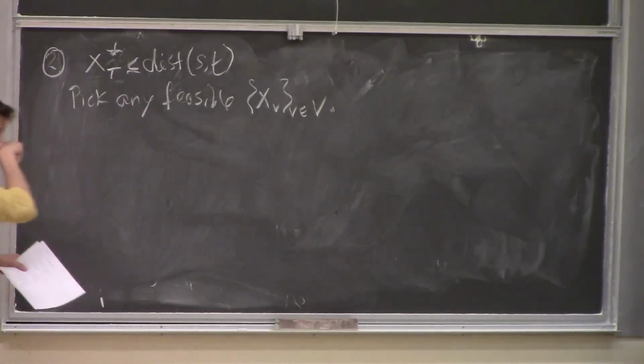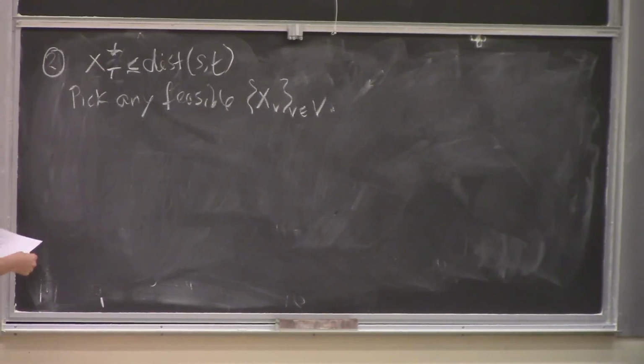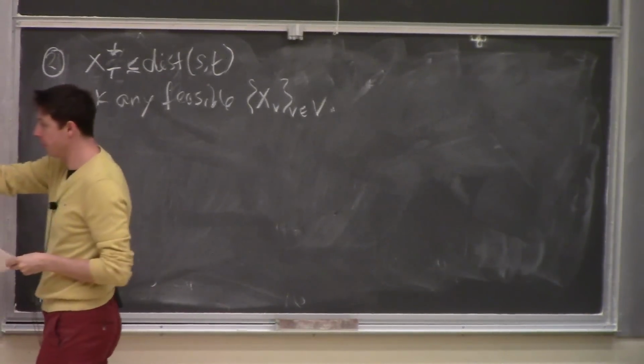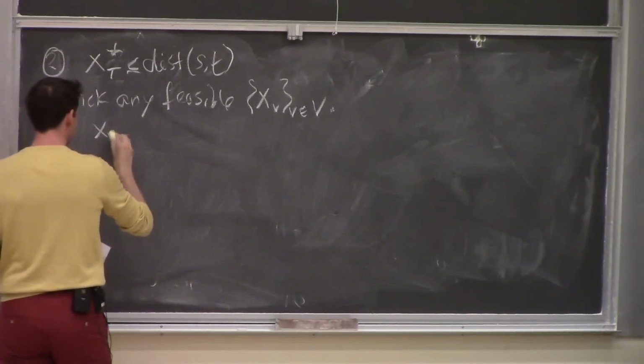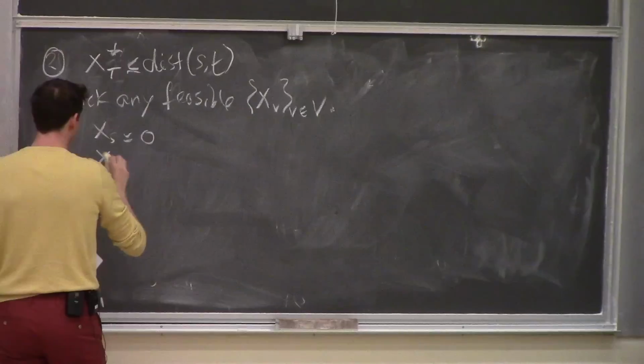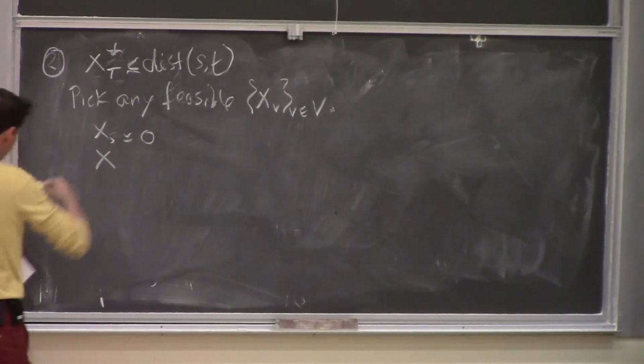Just fix it, okay? One of them will be the maximum, right? What I do know is, because it is feasible, I know that xs must equal 0. I mean, that's true in every feasible thing. I also know a bunch of other things.